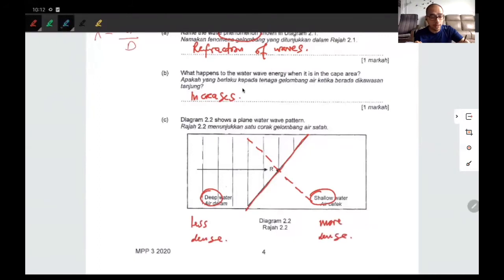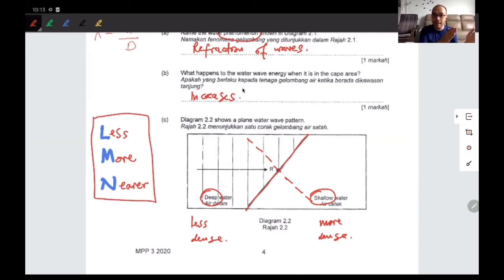Now let's remember again, L, M, N. L means if you're going from a less dense material to a more dense material, the wave is going to refract nearer to normal. Remember this. If you're moving from less dense to more dense, daripada deep to shallow, then you make sure that it is nearer.